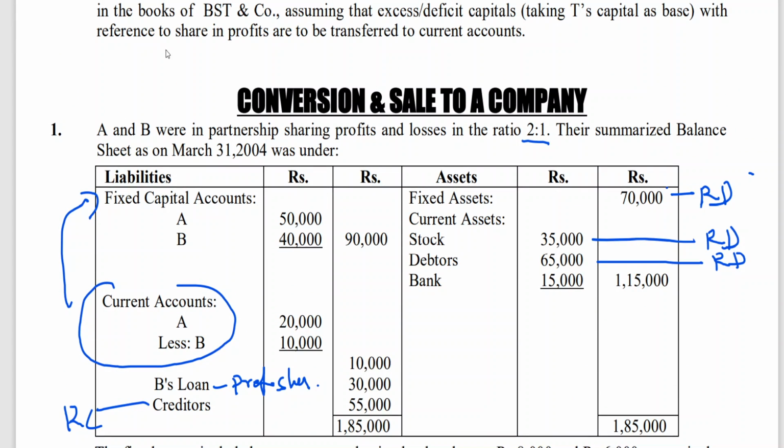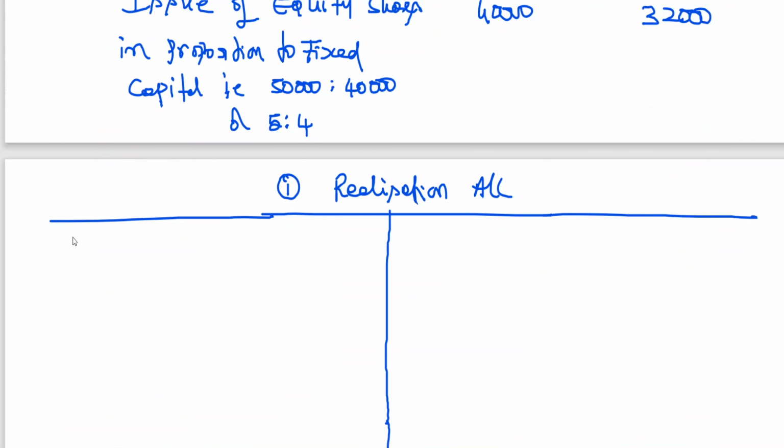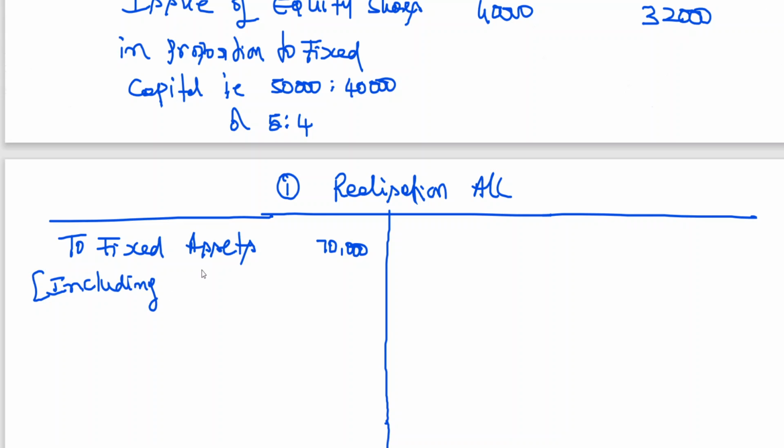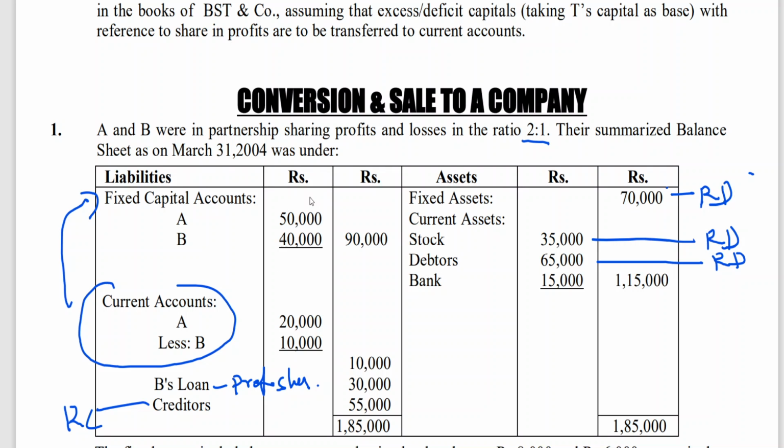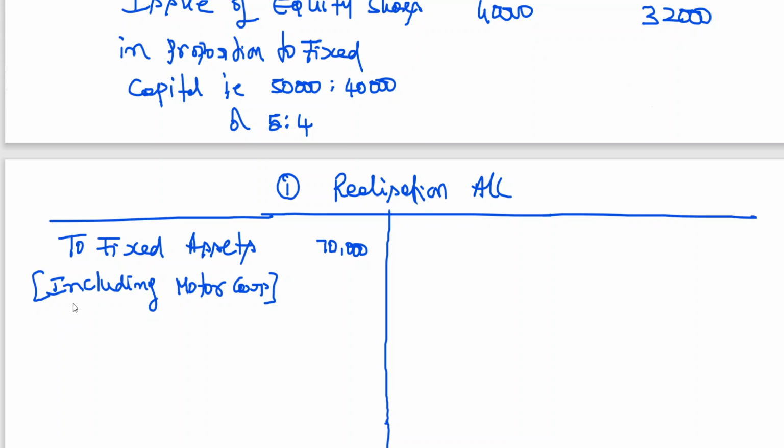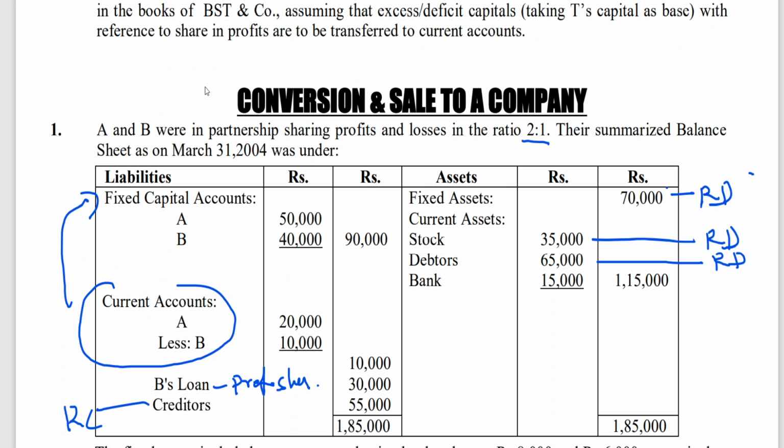Fixed assets will be transferred to realization account, including motor cars. Stock 35,000. To debtors 65,000.